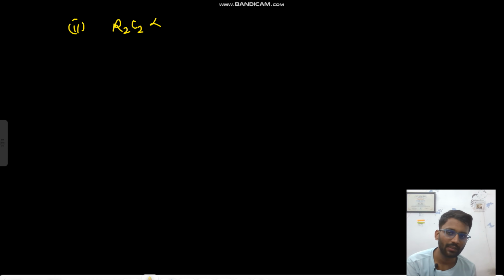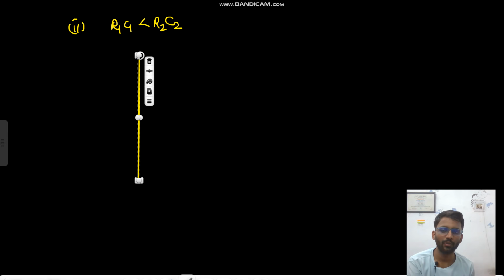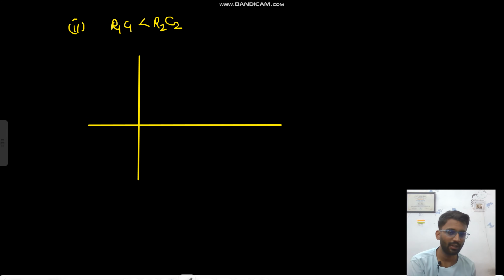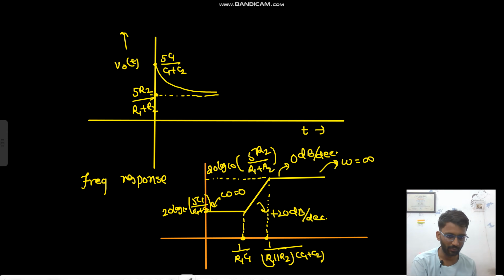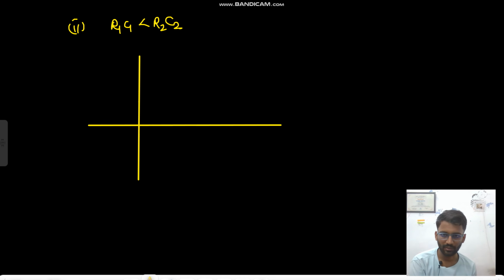R1 C1 is lesser than R2 C2. In the previous condition your output was going down. Now your output will go up.